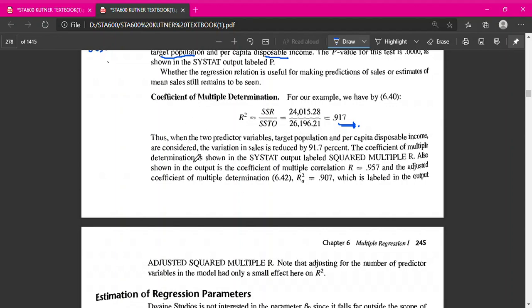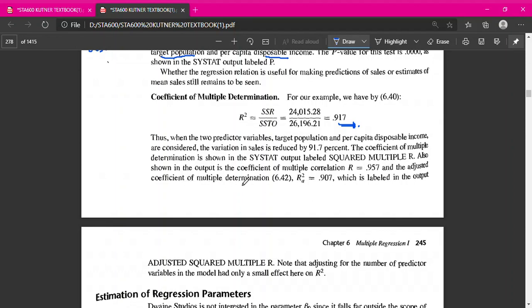Thus, boleh kata kat sini, when the two predictor variable, which is the target population, and the per capita disposable income, which is X1 and X2, are considered in the model, the variation in sales, which is Y, is reduced by 91.7%. So we can say that when the two independent variable is included in the model, the total variation is 91.7%.